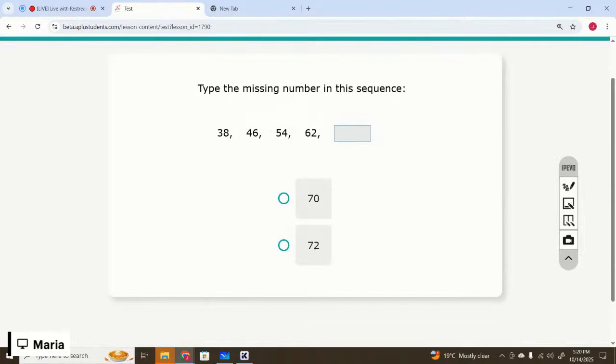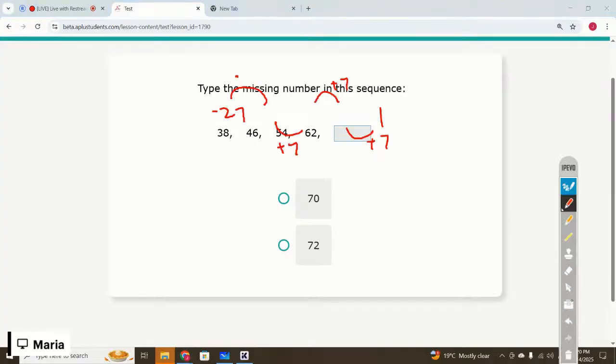Type the missing number in the sequence. 38 plus 8 is 46. 46 plus 8 is 54. 54 plus 8 is 62.